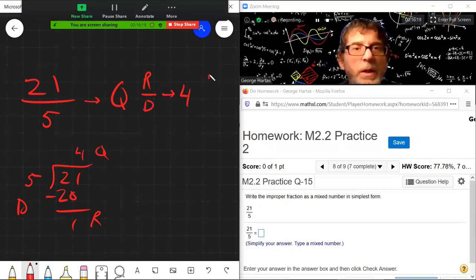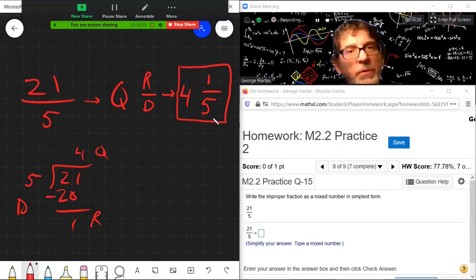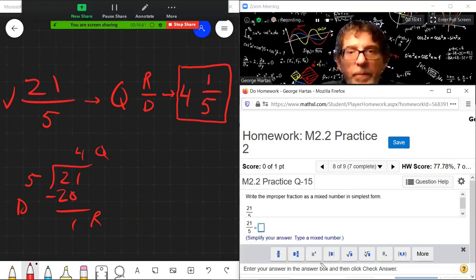R is 1. D is 5. Is this correct? Did we make a mistake? Well, let's multiply it back. 4 times 5 is 20, plus 1 is 21 over 5. Yeah, that's right. We got the original back. That was our check. So 4 1/5.